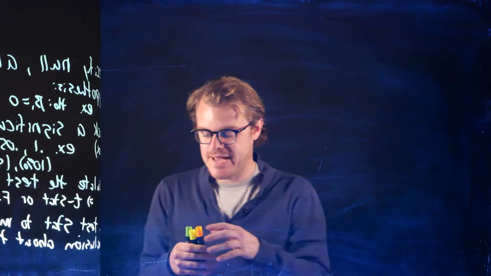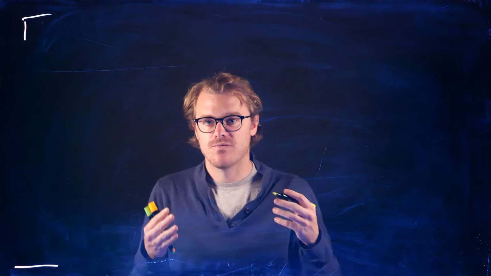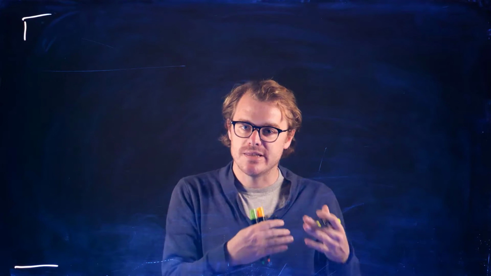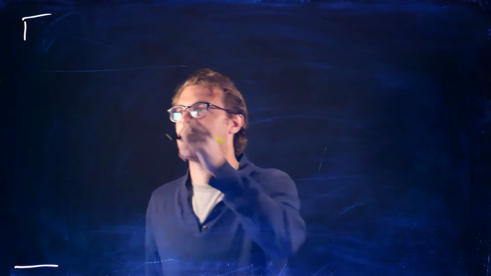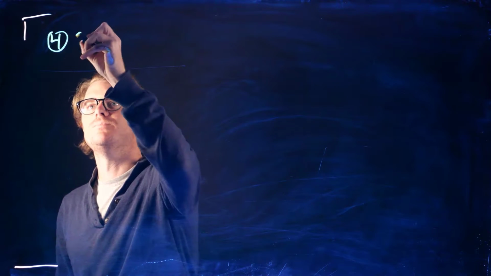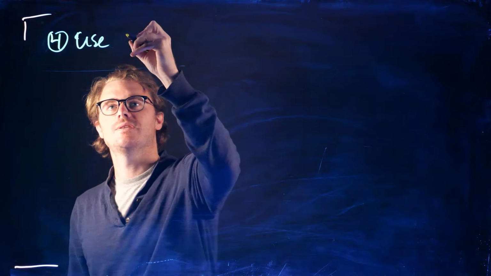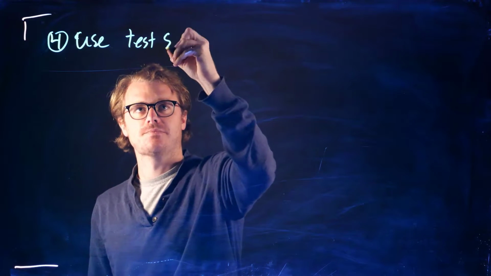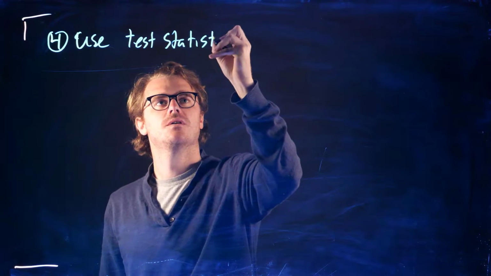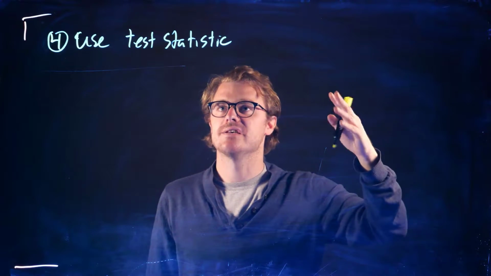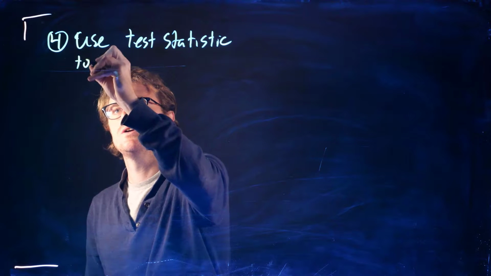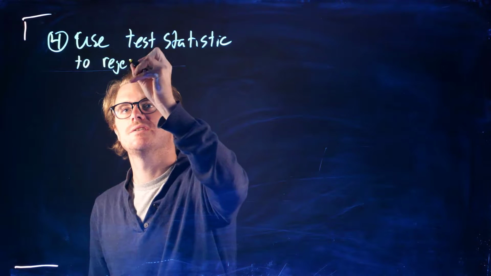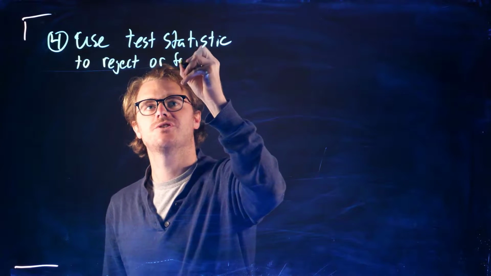All right, so let's expand our discussion of this fourth step, using the test statistic and our significance level to reject or fail to reject the null. So use the test statistic, and we're using the significance level as well because that will be important for our conclusion, to reject or fail to reject the null.